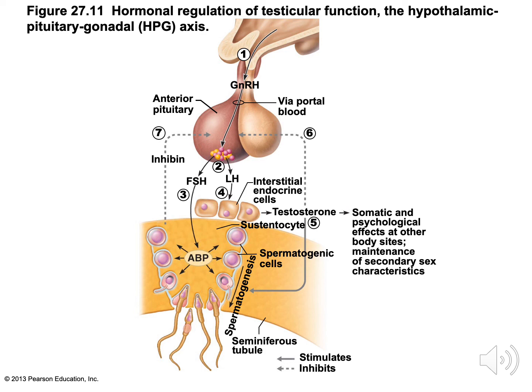So the FSH and the LH are going to have negative feedback mechanisms that control themselves, just two slightly different mechanisms. Testosterone is going to have negative feedback on LH, and inhibin is going to have negative feedback on FSH. Remember that inhibin is going to be released from the Sertoli cells, the sustentacytes.